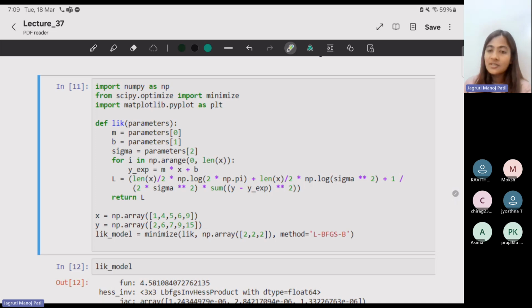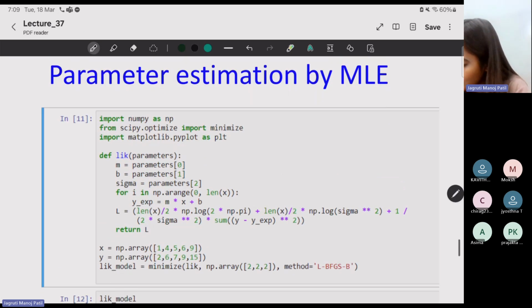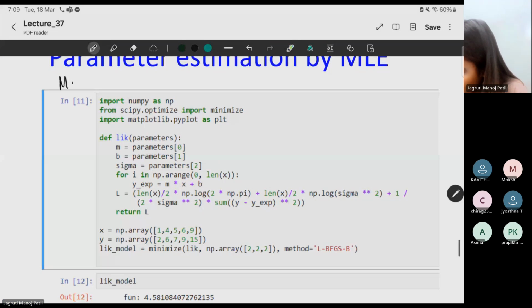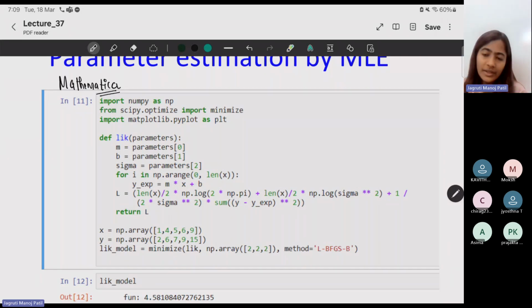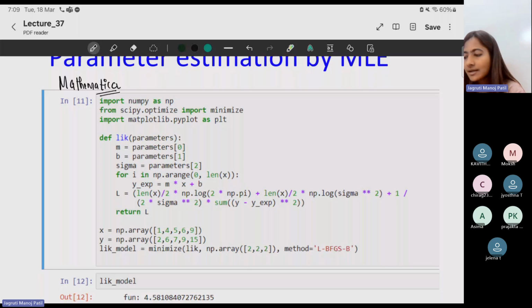But if you don't know, there's a software called Mathematica. Using this software, you can compute the likelihood function, you can do differentiation, derivatives. For this particular sample, you don't need any specific coding. You can take in your variables and write them the way you write equations.